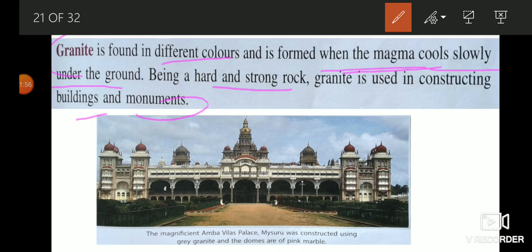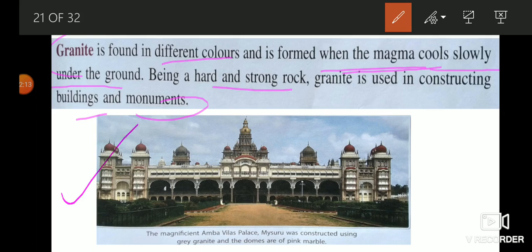And as they are found in different colors, when they are used in construction, they will increase the aesthetic value, or the beauty of that structure.